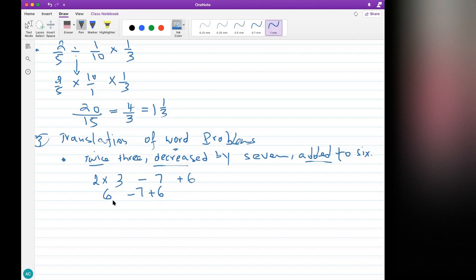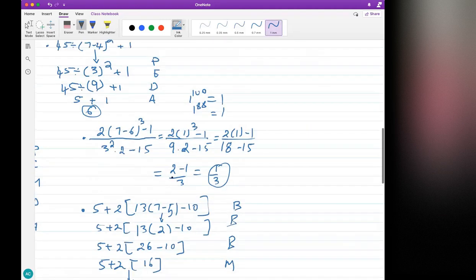Then now we're down to two operations: subtraction and addition. Which one do we do first? According to what we said earlier, when we have these two together, which one do you do first? Not necessarily addition, but left to right.